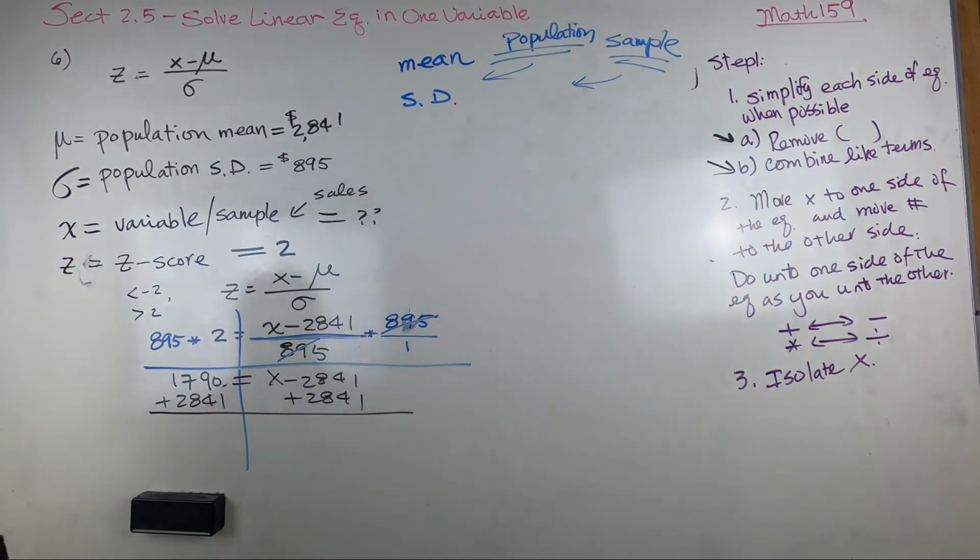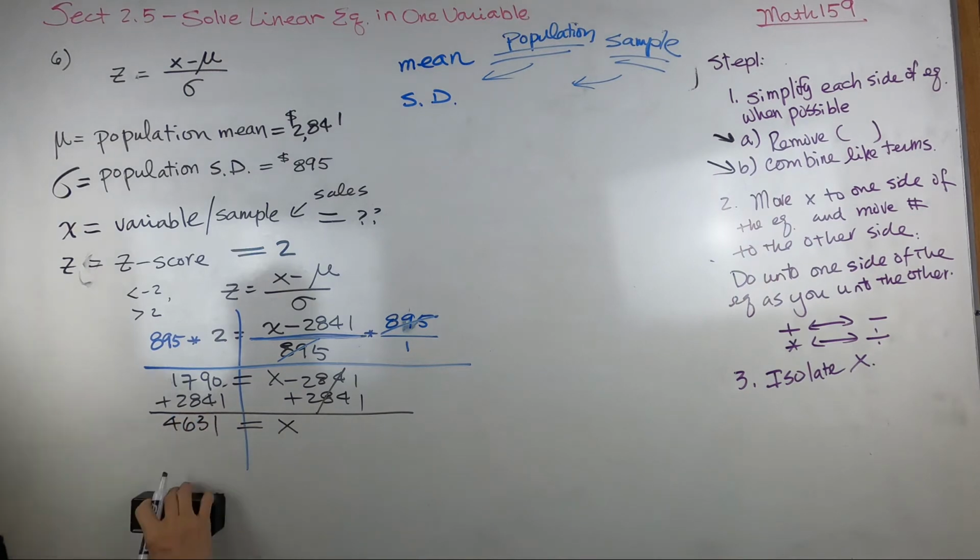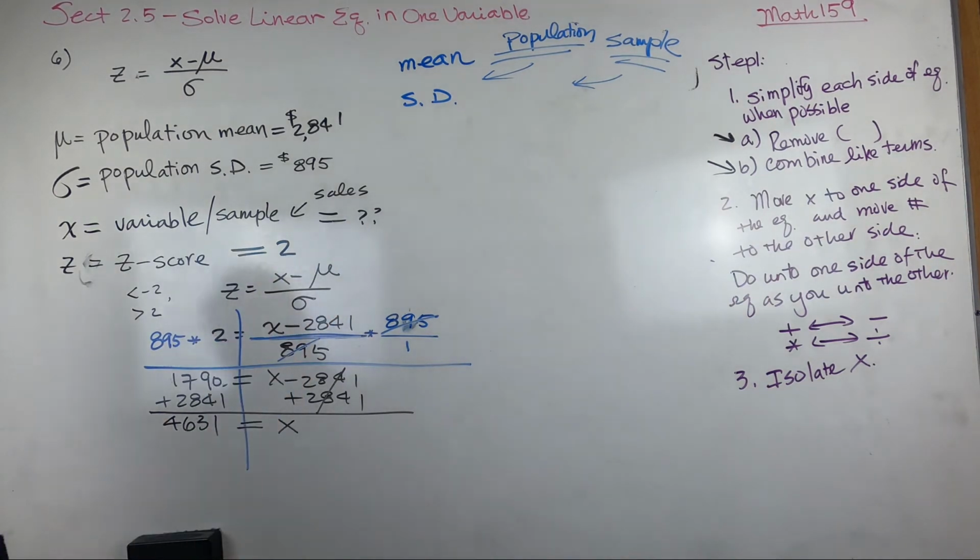Otherwise, you won't be able to do it. Some of you might have difficulty. This one goes away, that's x by itself. You add, and this one is 4631. So you find your x. That's what we need to do.